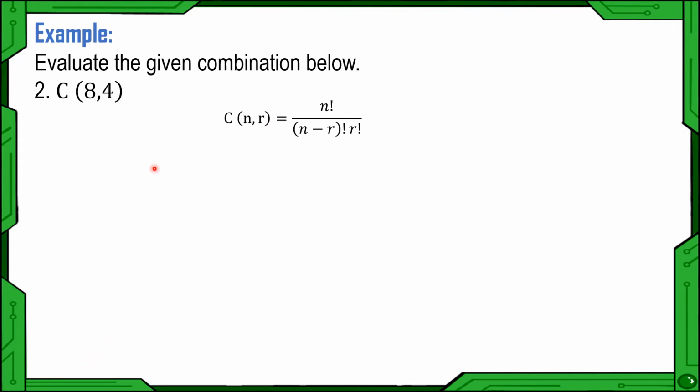So the next thing that you will do is you have to substitute the given values. So combination of 8 and 4 is equal to 8 factorial over the difference of 8 and 4 factorial multiplied by 4 factorial. So 8 minus 4, you see here in our denominator, 4 factorial. So we can now have 8 factorial over 4 factorial multiplied by 4 factorial.